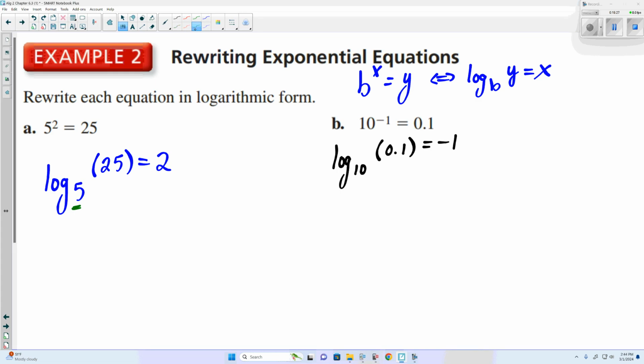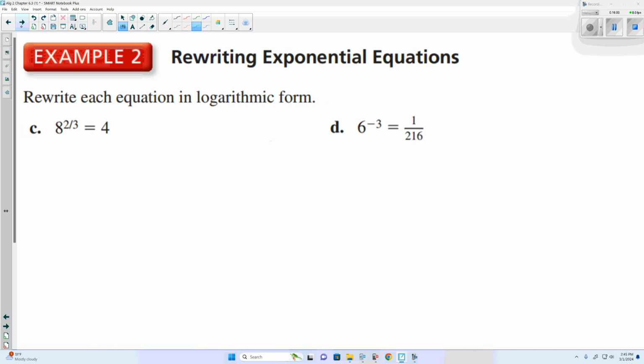And yes, that also means that this here is the same as saying log of 0.1 is equal to negative 1, because the base of logarithms is understood to be 10 if it's not written. If it's any other base than 10, we definitely have to write in that base. Like our first one, log base 5. We have to have that 5 to signify what the base is. Questions on these here? Are you ready for the next one?